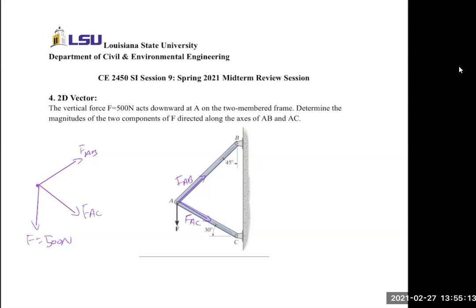Okay, and then I know that this angle right here is 45, which means that right here is also going to be 45. So right here, 45. And then I know this angle is 30 right here, then I know that this angle right here is also 30 degrees, right?